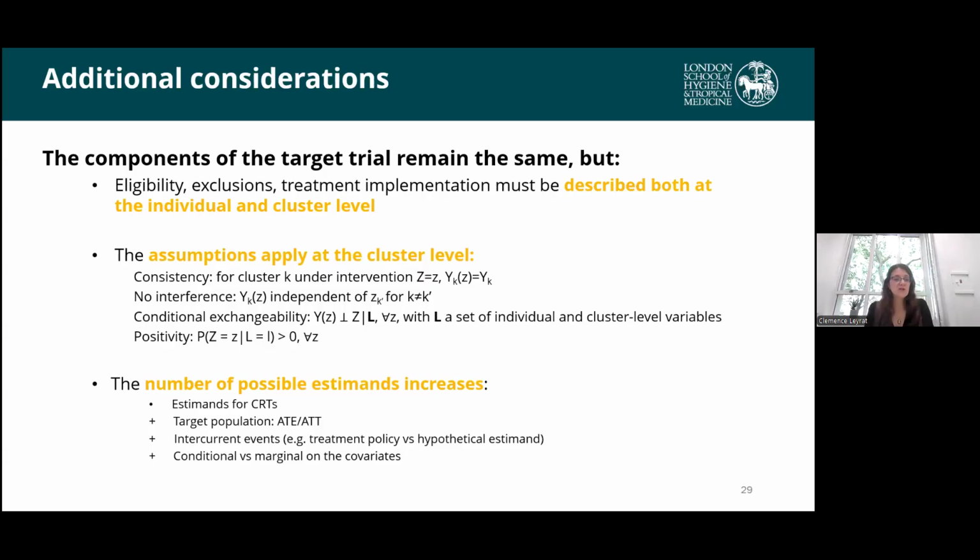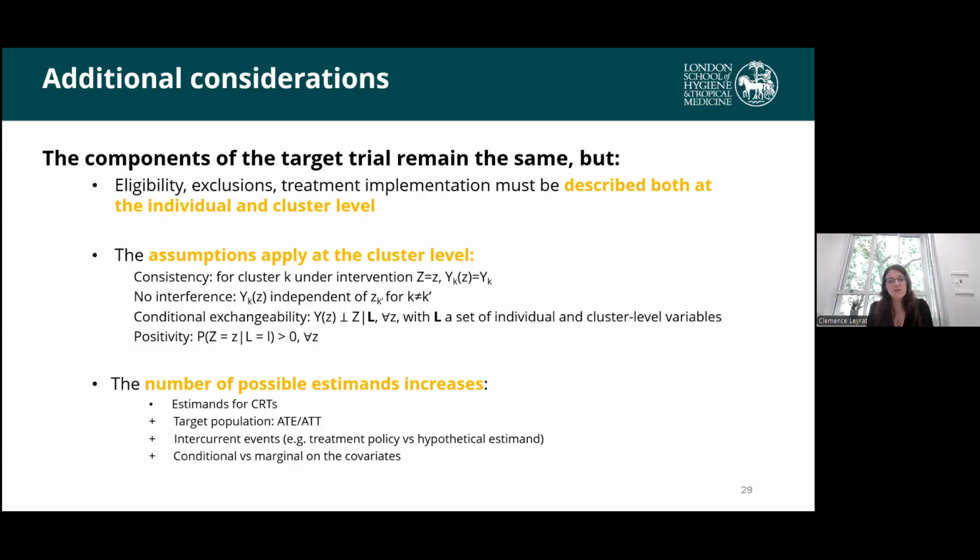Then we have the assumption of no interference, which means that the potential outcomes for our clusters are independent of the intervention received by the other clusters. I think this is usually not too much of a problem. Then we have conditional exchangeability, which is the absence of confounding.